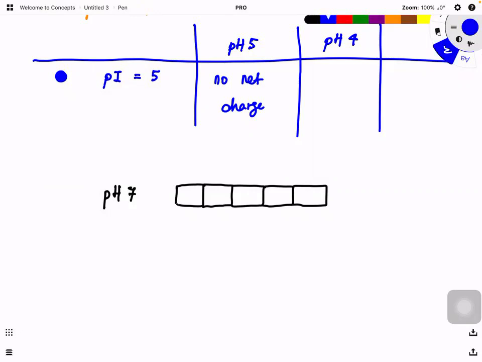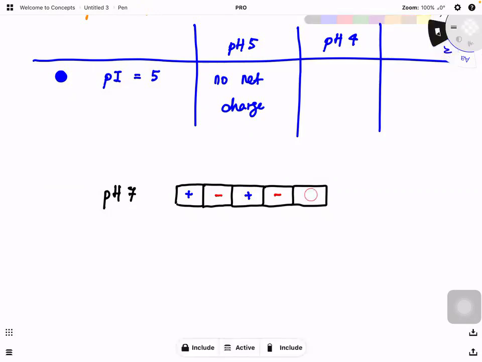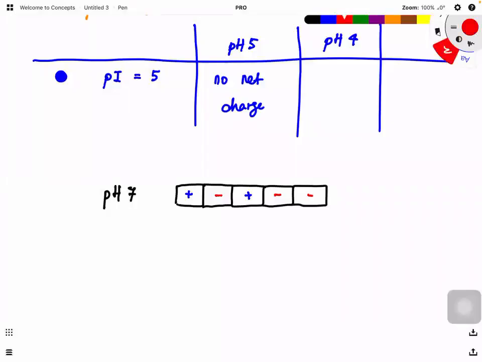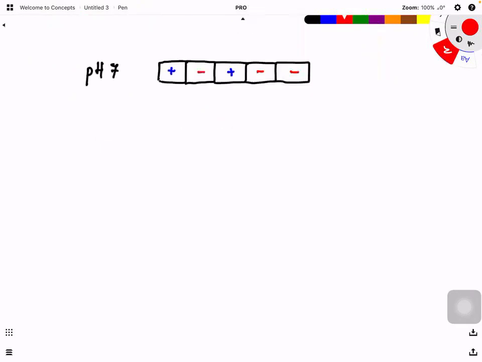Let's say they have positive charge, negative charge, positive charge, negative charge. Negative charge first, sorry. So they are negatively charged here. Are you clear? They are negatively charged at pH 7. So what will happen here?